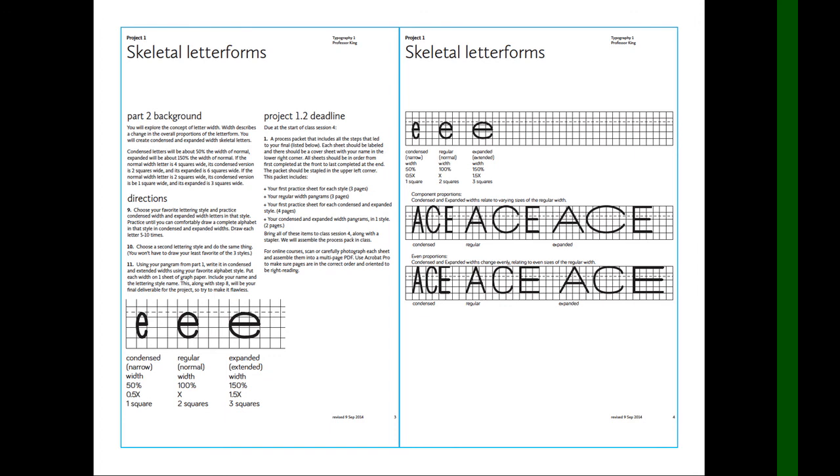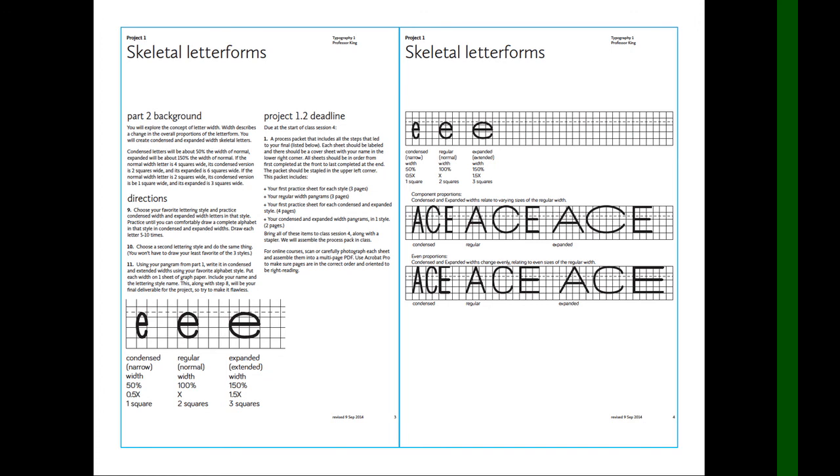Practice the same way that you did part 1. Go through the alphabet, draw each letter, draw it at least 5, no more than 10 times. Check the shape, check the proportion. So first do condensed, everything will be half as wide.